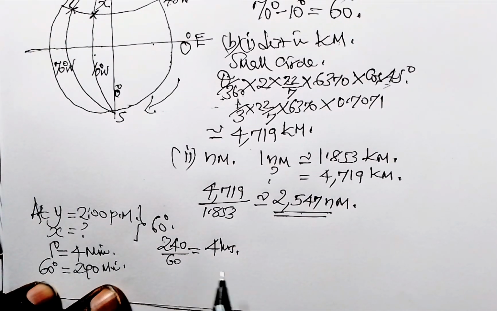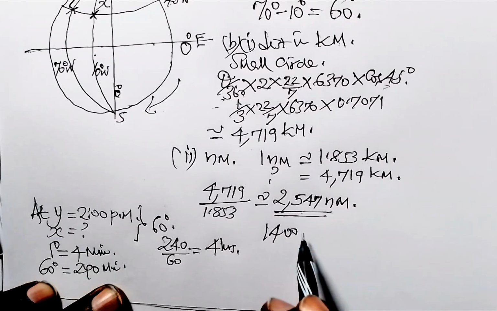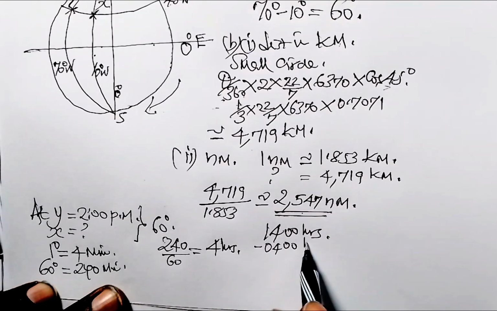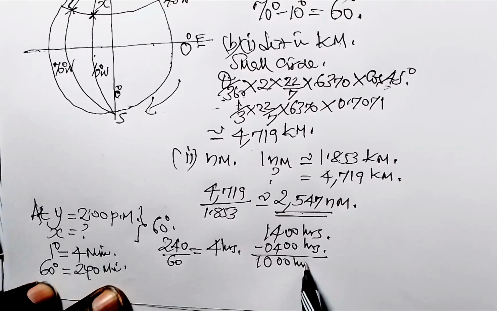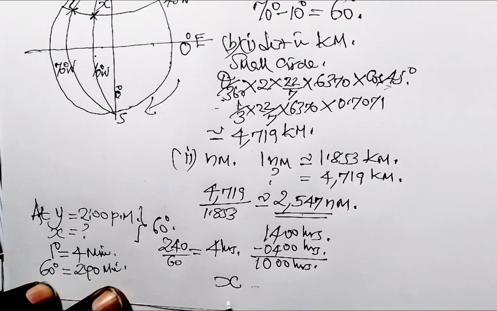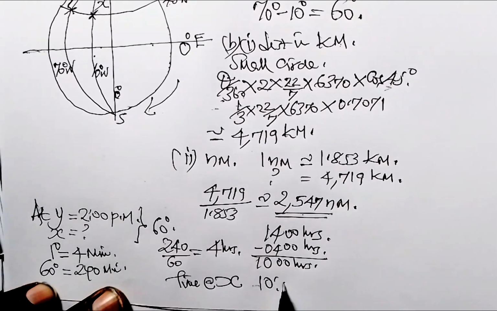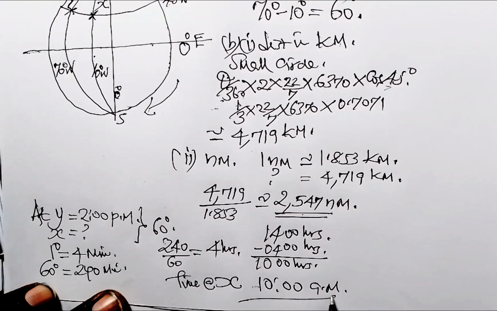When you convert this into 24 hours, you get 1400 hours minus 0400 hours, and this gives you 1000 hours. Now in a 12-hour clock system, the time at X will be 10:00 a.m. So that is the required answer.